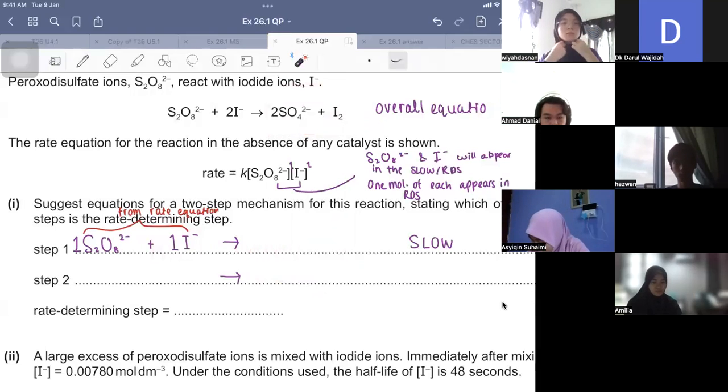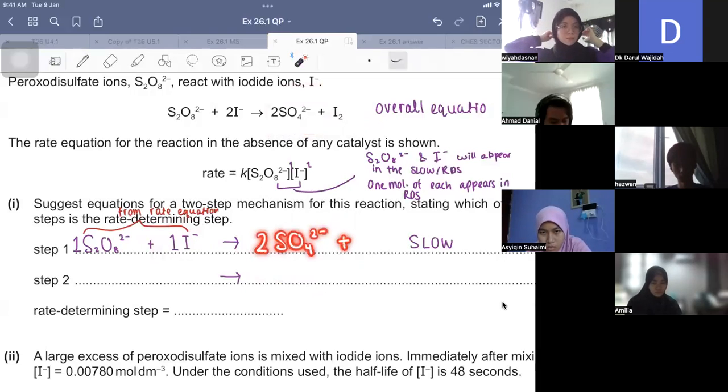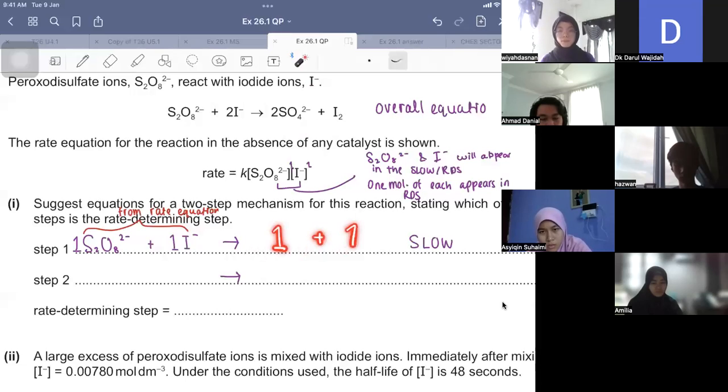However, not both, because if I put 2 sulfate, then I would need to balance my iodide, and balancing iodide means I'm not producing an intermediate. Basically, I want to produce one product and one intermediate. Usually there's an intermediate in my product.